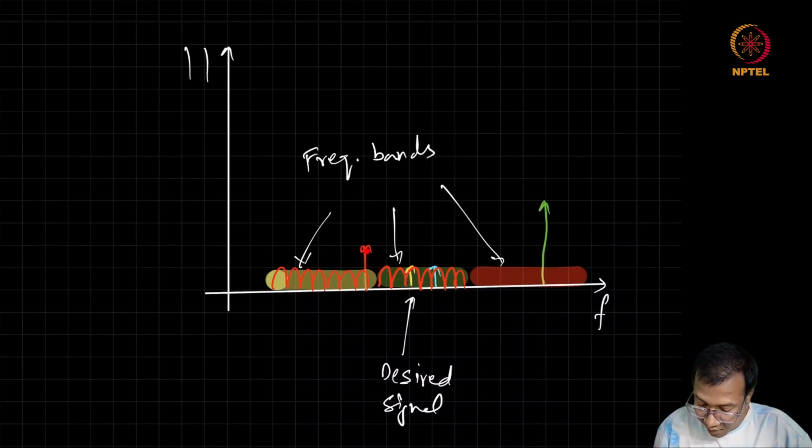In addition to that, you can have signals which are out of your band, and depending on the standard followed by different bands, you can have different power levels. Okay, so these are frequency bands.